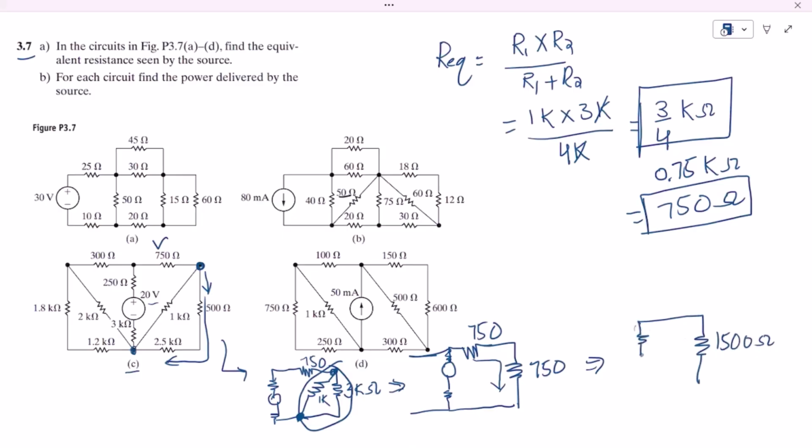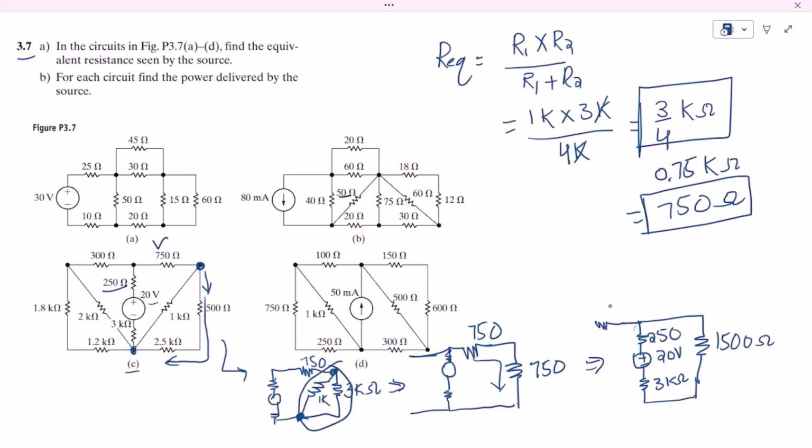This is the resistor, this is the source and another resistor. The value of this resistor is 250 ohm, the value of this source is 20 volts, and this is the 3 kilo ohm resistor.